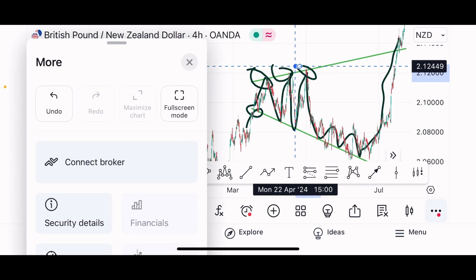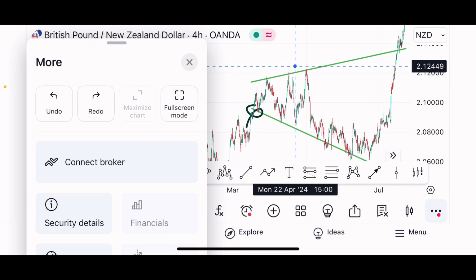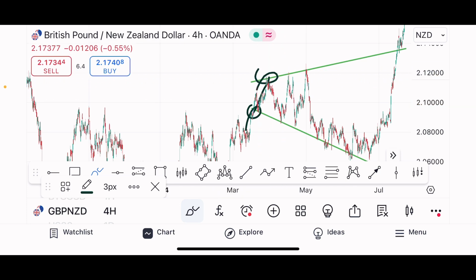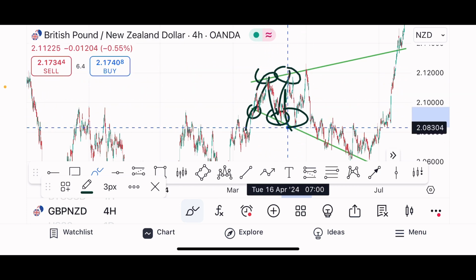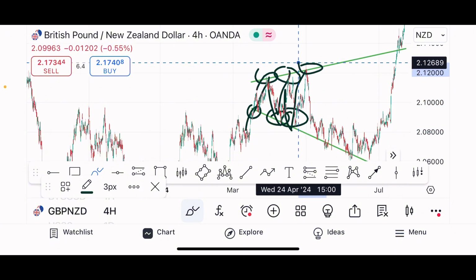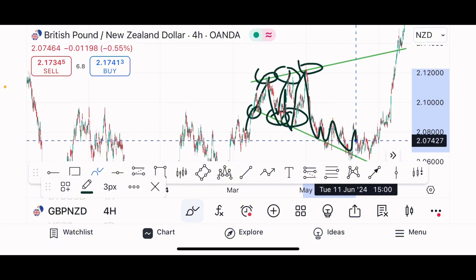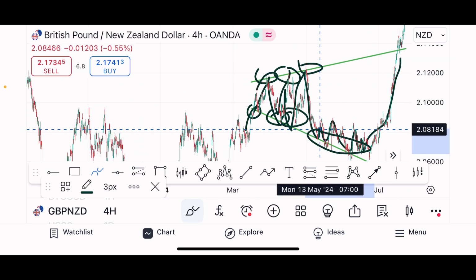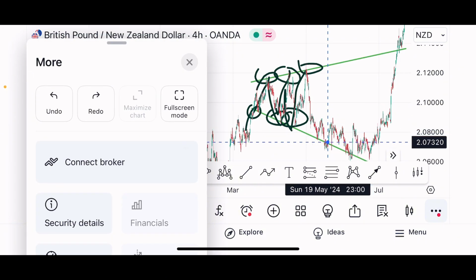So you could have been looking for our buying opportunities here, close at the resistance, buy again at the support, close at the resistance, buy again at the support, close at the resistance. If you would have taken those early entries, the market would have made you wait until it released for our fourth take.